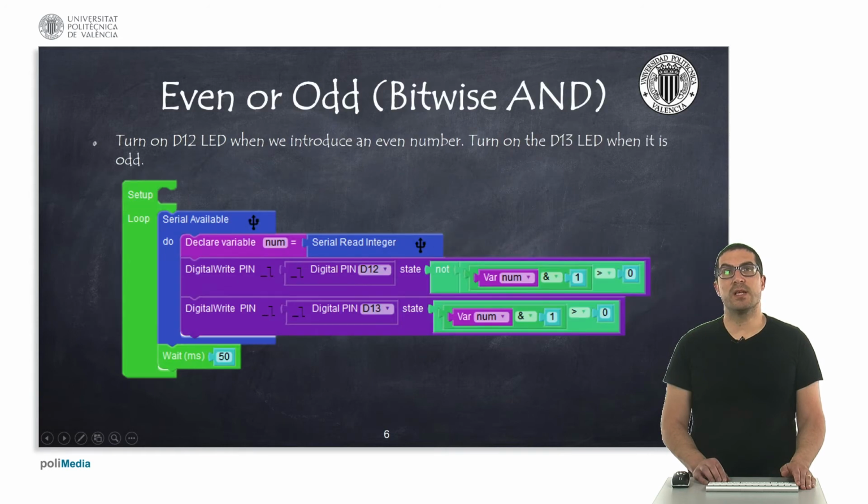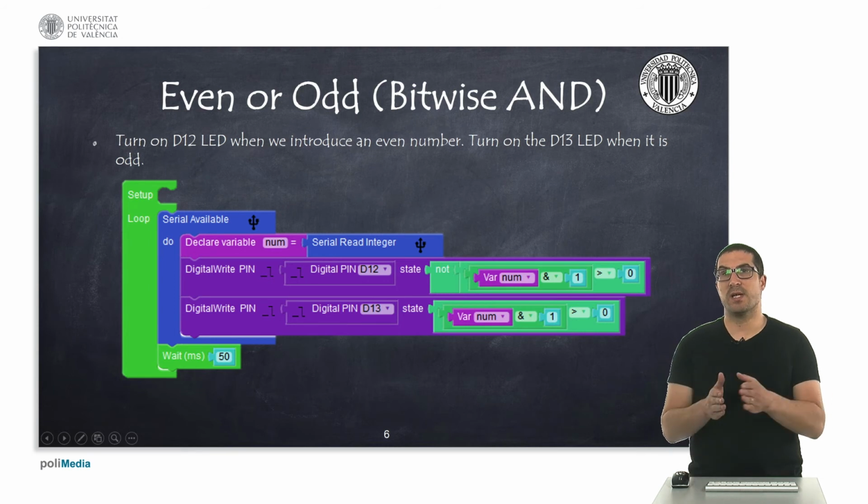In this other example, what I'm doing is a bitwise AND operation. Basically I'm reading a number that I will introduce on the console. If this number is even or odd, then I will turn on the LED connected to pin 12 or the LED connected to pin 13. The operation here is doing a mask on the number I receive.